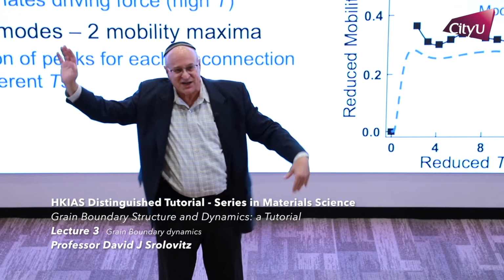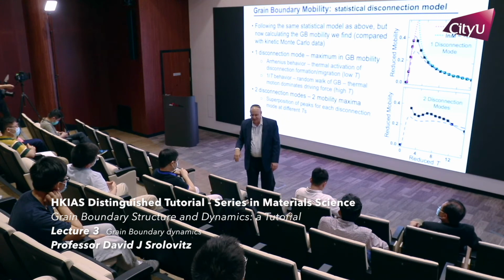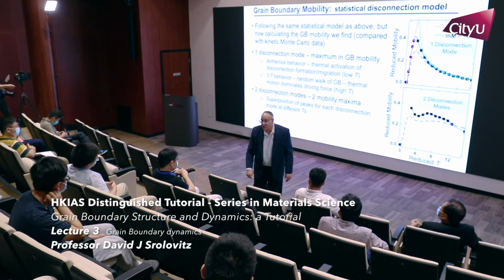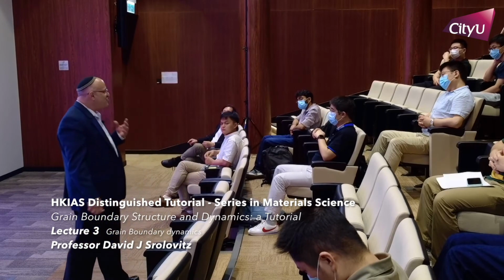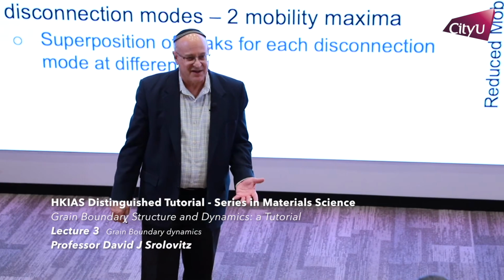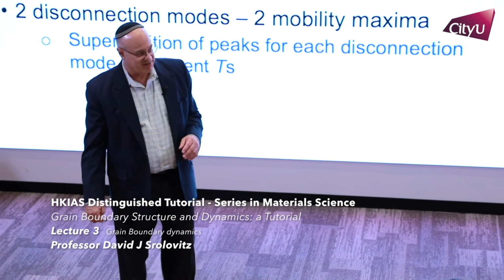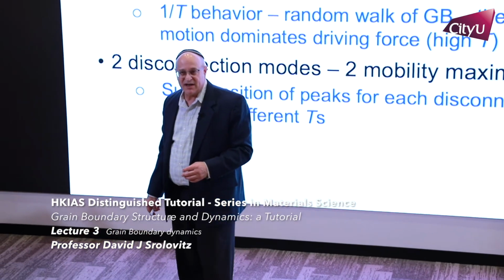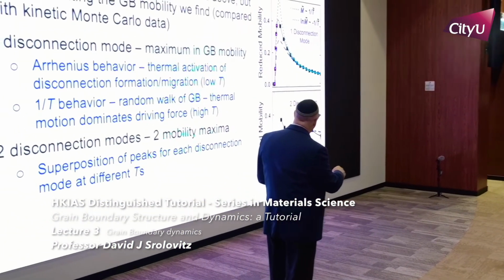But if the fluctuations are really large, then the higher the temperature is, you just have more and more fluctuations, and it's the entropy that's the important part. The other way of saying it, it's the prefactor in these forms. So you can get both kinds of behavior. If I have just one kind of disconnection mode, I can get a peak.